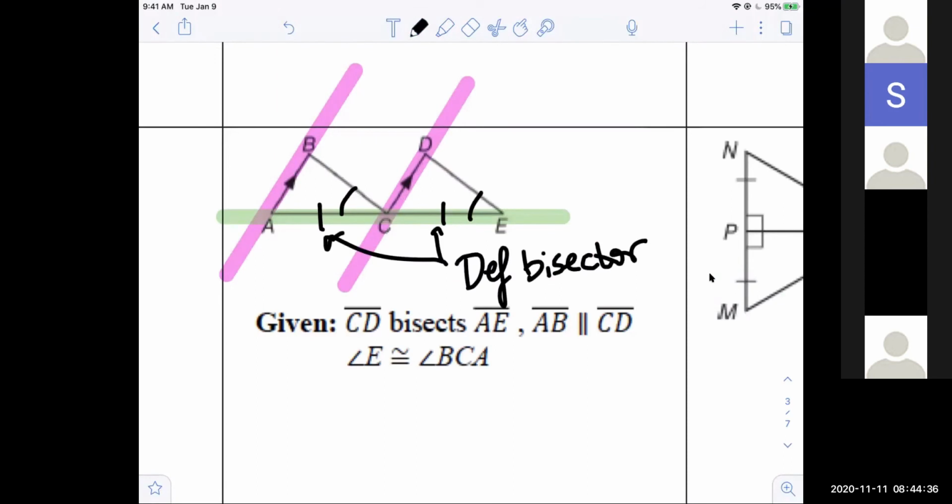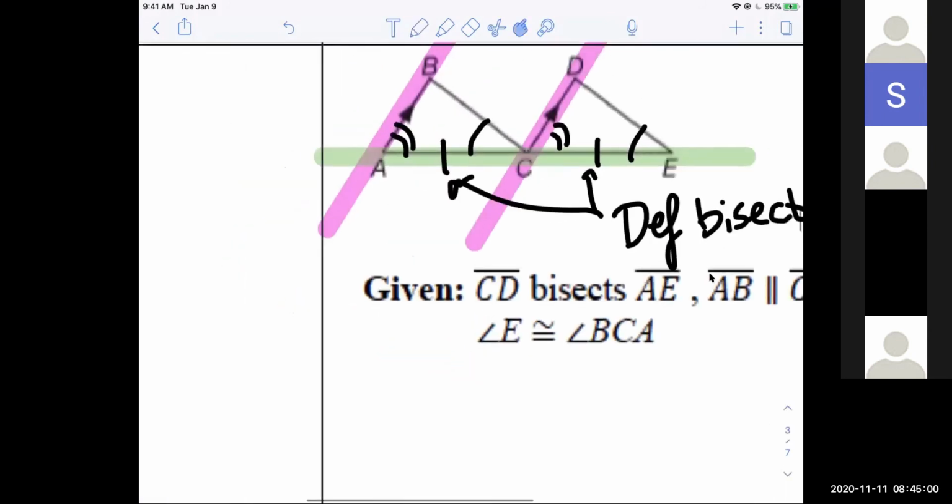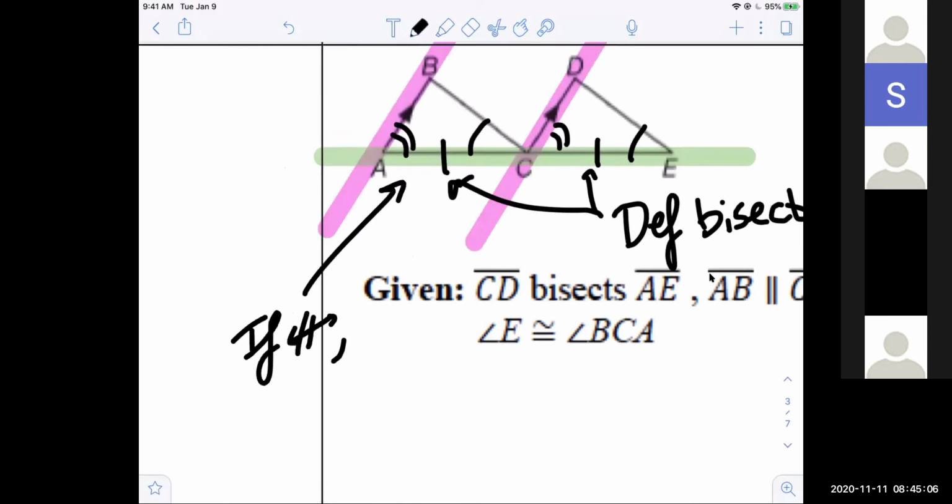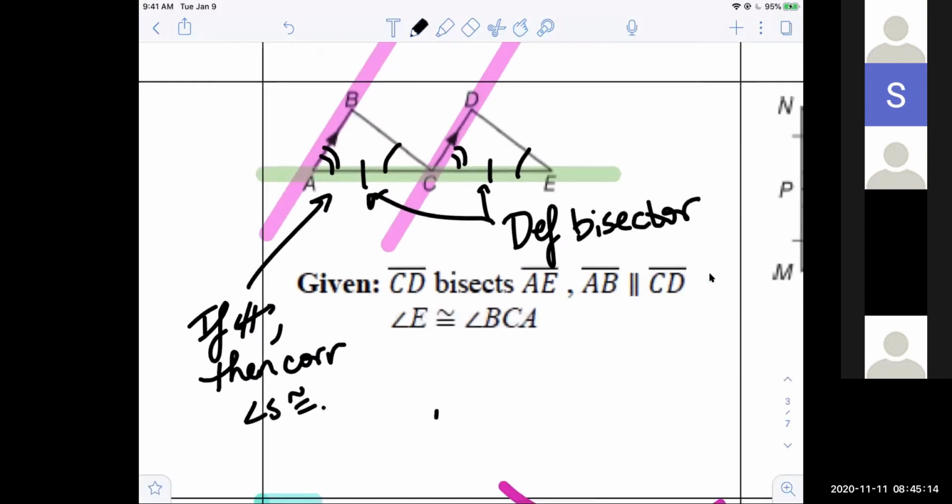You want to notice there's only one angle in the triangle with a vertex of E, but you have to use the long name BCA, because if I said just angle C, I wouldn't know which angle. Then our other corresponding angles would work. So this would be if parallel lines are cut by a transversal, then corresponding angles are congruent. And then the triangles would be congruent by angle, side, angle.